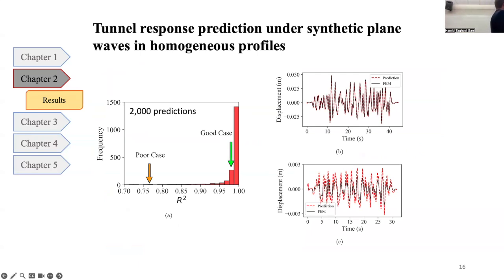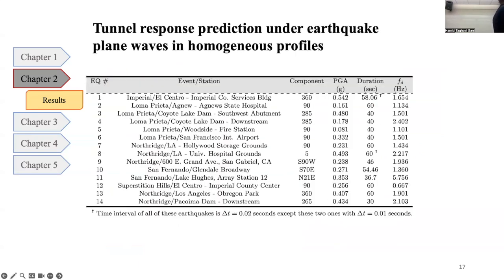And when we plot these cases, we see that actually LSTM is capturing the trend of the responses, but because the amplitude of the responses is very small in comparison to the majority of the responses, our LSTM model is over predicting these cases.